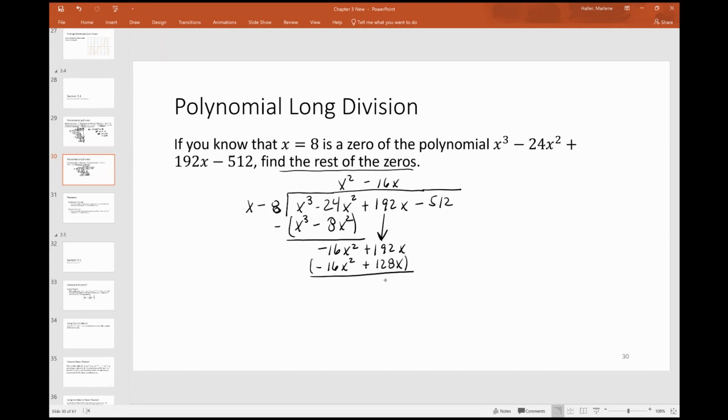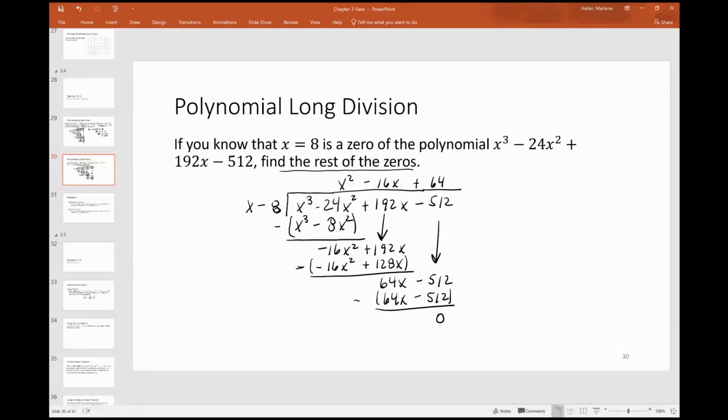Now 192x minus 128x is 64x. Bring down that -512. x goes into 64x 64 times. So then we'll subtract out 64 times x, and 64 times -8 is -512. And as expected, the remainder is 0.